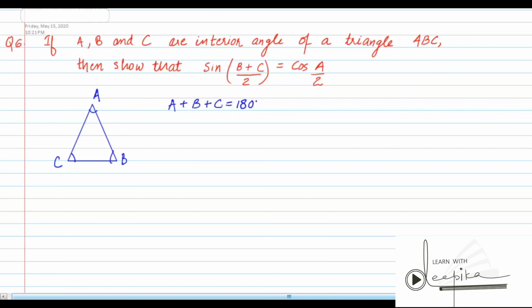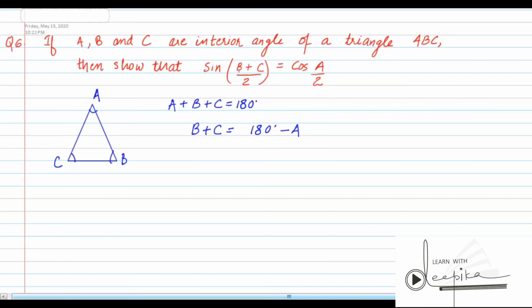And from this expression we will prove sine of B plus C upon 2 is equals to cos A upon 2. You can see in the question B plus C is on the left hand side and A upon 2 is on the right hand side. So I'll keep B plus C in LHS and I'll shift A to the RHS.